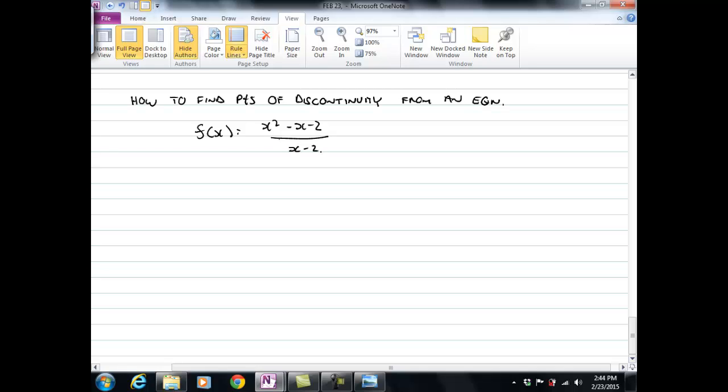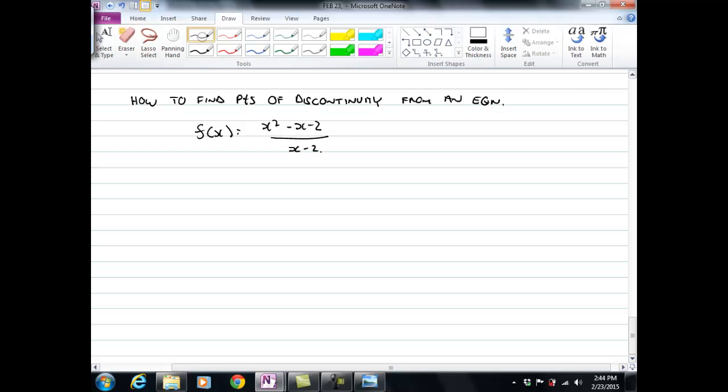See, if I give you an equation, in order for it to be continuous, remember it has to be defined. So discontinuity points occur where x is undefined.